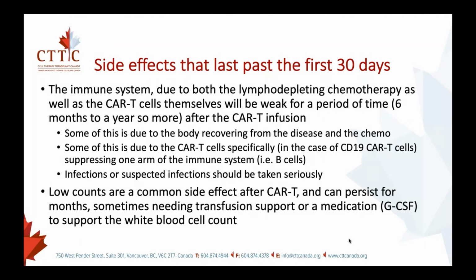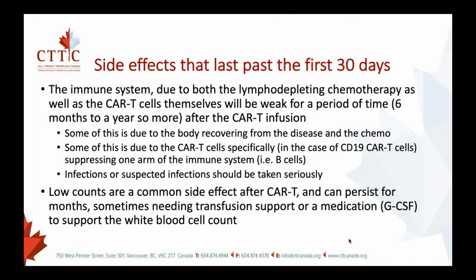They do suppress one arm of the immune system, i.e. the B cells. So long as you have these CAR T cells still in your body that are killing off any potential lymphoma or leukemia cells that might pop up, these B cells will also be suppressed. So infections or suspected infections really should be taken seriously, especially during this year after CAR T cell therapy.